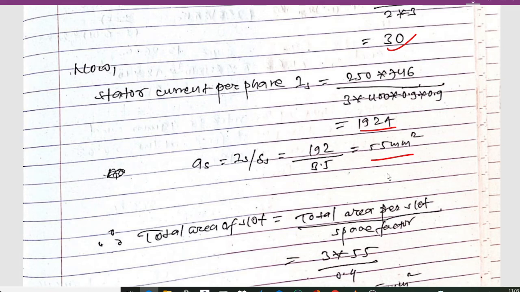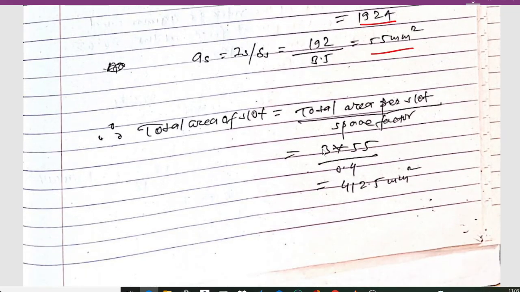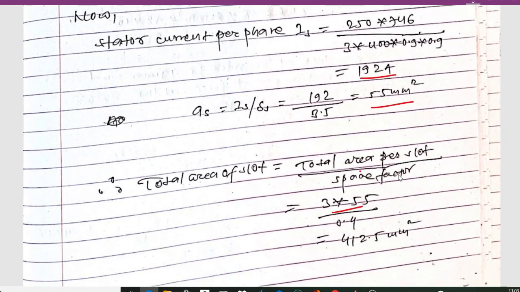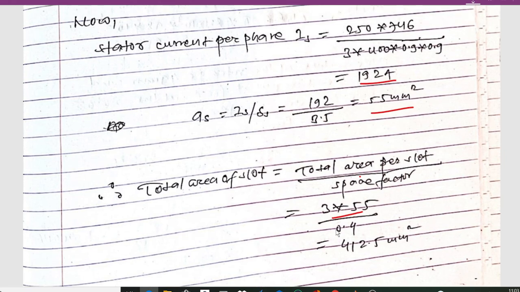Now the total area of slot will be the total area per slot upon the space factor. For total area per slot we have 3 into 55, upon the space factor, which is given in the question as 0.4.